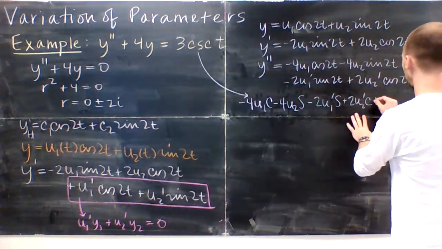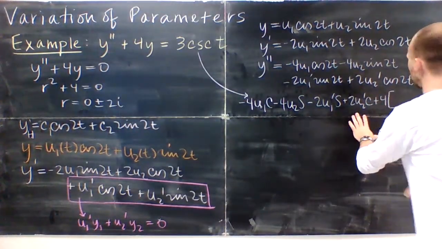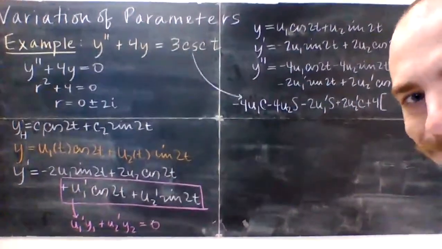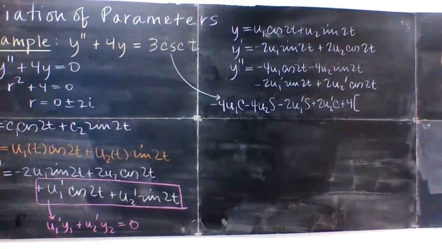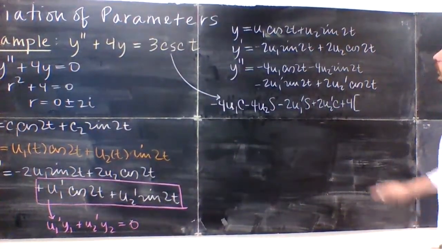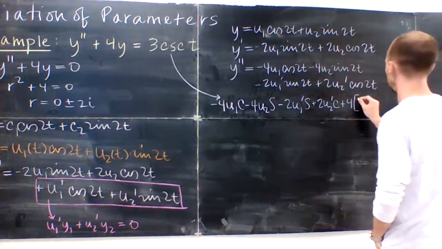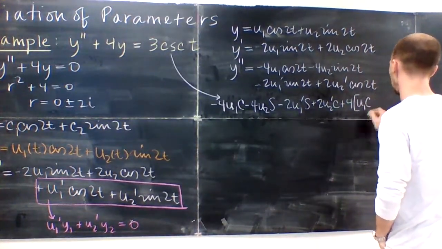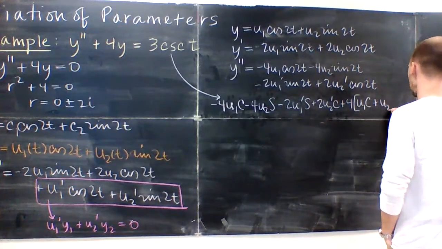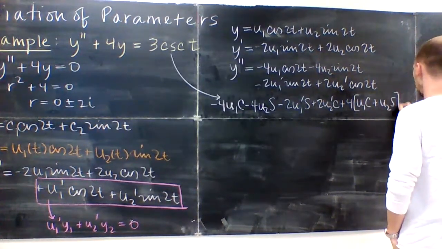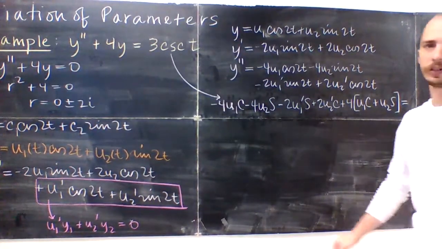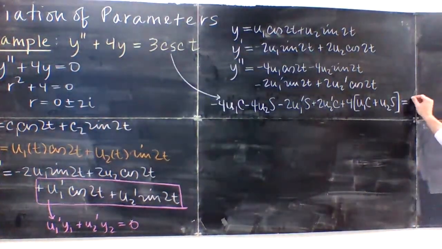So that's plus 4 times y, which is u1 cosine of 2t plus u2 sine of 2t. And that's equal to, what was it, 3 cosecant of t.